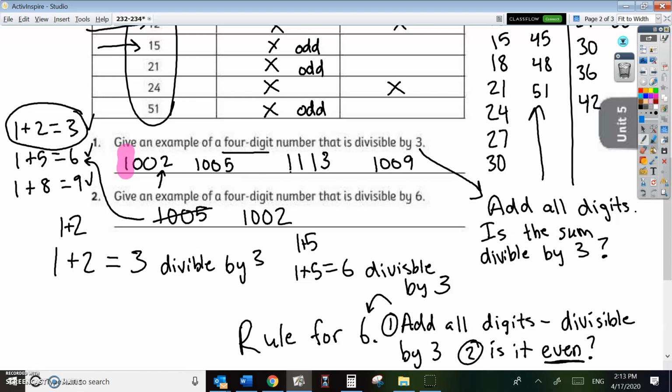Let's do one more. A 4-digit number that is divisible by 6. Okay, let's do it. 9, 9, 7, and we have to pick another number that will work there. So we need to pick a digit here that will make it divisible by 3. 9 plus 9 is 18. 18 plus 7 is 25. 25 is not divisible by 3.